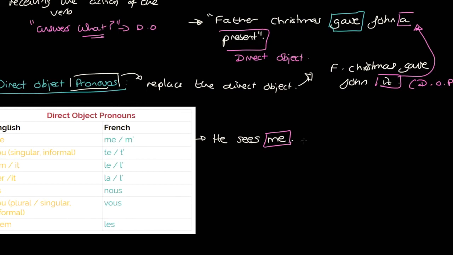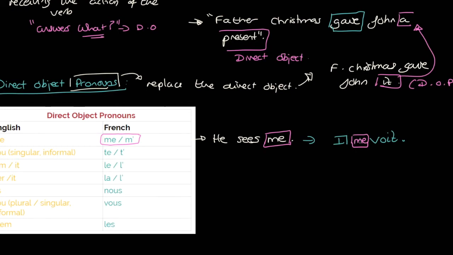So in French, he sees, il voit, from the verb voir, to see. Now me, if we look at my chart here, is going to be me or m apostrophe. Now it's going to be m apostrophe if the word after it starts with a vowel or a silent H. In this instance, it doesn't. So, il me voit.